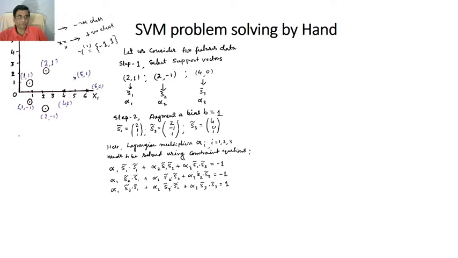What was our constant equation, if you just remember? It was W dot Si plus B, minus 1, equal to 0, right?